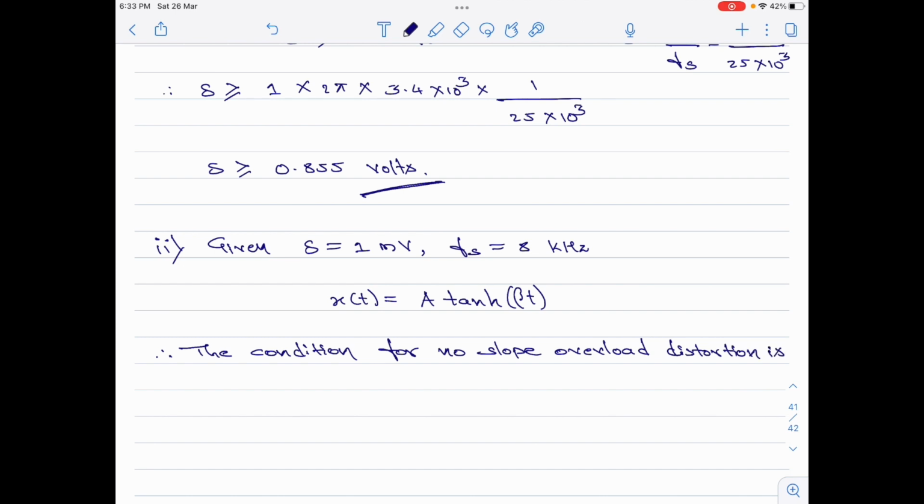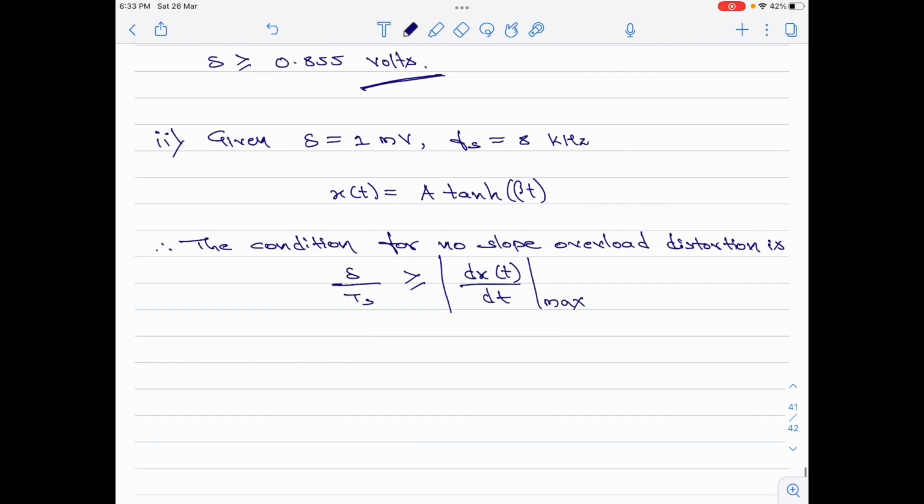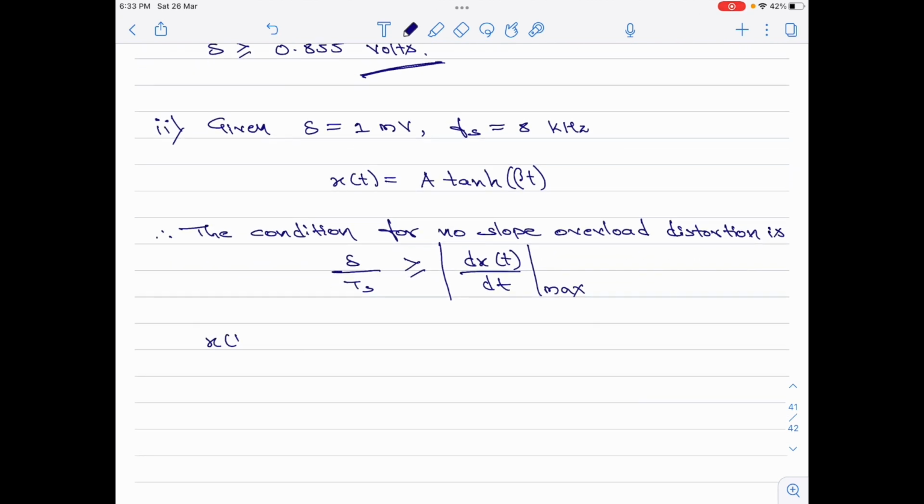It is delta divided by Ts greater than or equal to magnitude of dx of t divided by dt maximum. We are given x of t as A into tan h of beta t. Let us find dx of t divided by dt first.